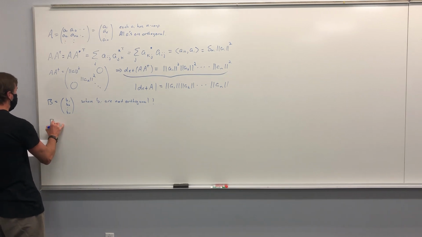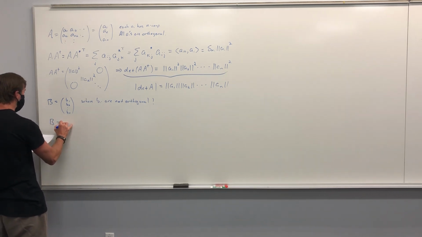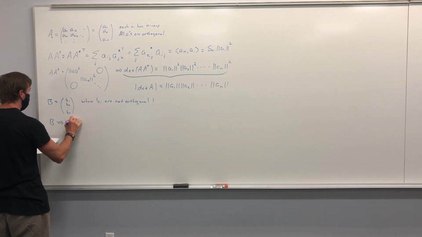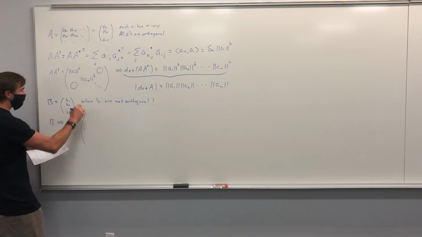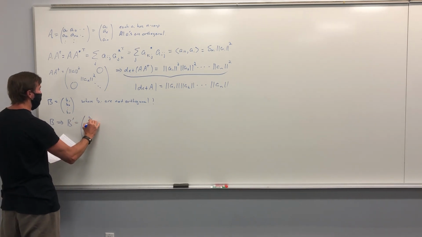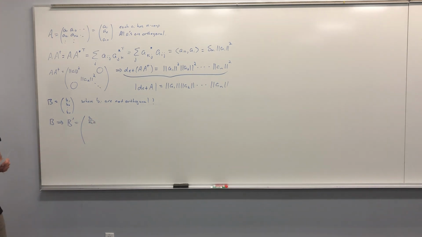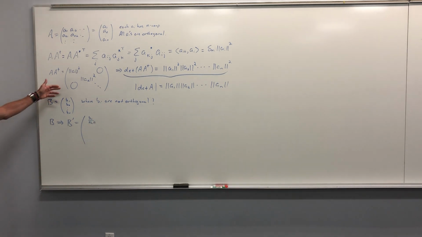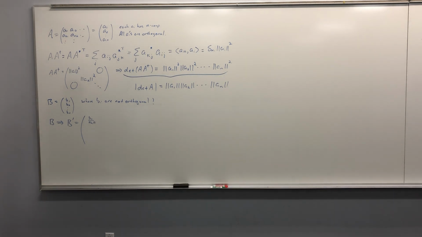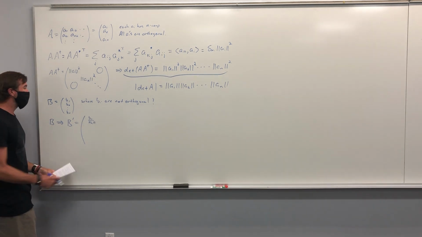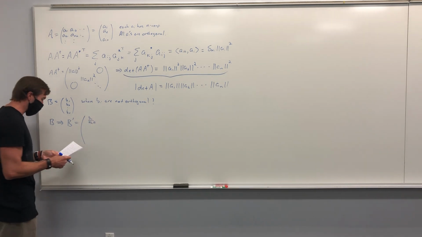B is in the process going to become a matrix B prime, where the first vector will just be B1 over the magnitude of B1. Remember, in the Gram-Schmidt process, you can pick any vector and just call it the first element of the orthogonal set, because a vector is orthogonal with itself. Okay, but it's the next one which is not going to be trivial.